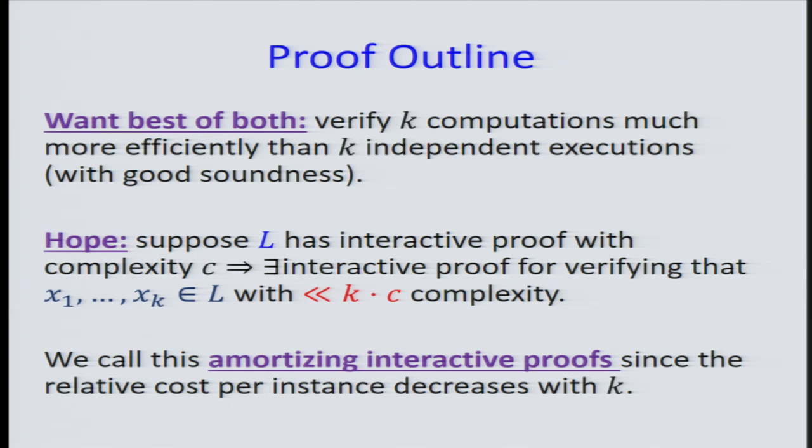The circuit for the whole thing has the same depth as the one component. The cost here is not the depth. The cost here is the time. How do you get the time not to multiply by k? What you're doing would be an amortization for circuits, where you have the circuits and you want to amortize them. Here I have interactive proofs, and I want to amortize them, not the circuits.